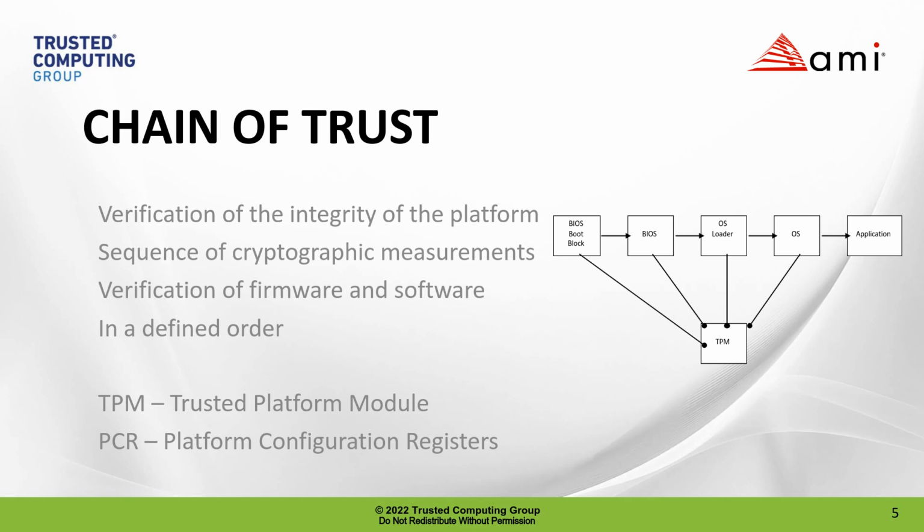The cryptographic measurements from each stage of the chain of trust will be stored in a secure crypto processor called the Trusted Platform Module, generally called the TPM. The TPM technology is designed to provide hardware-based security-related functions. The TPM chip includes multiple physical security mechanisms to make it more secure. Also, the measurement from each component is appended to the previous measurements to build a cumulative hash of each stage of the chain of trust.